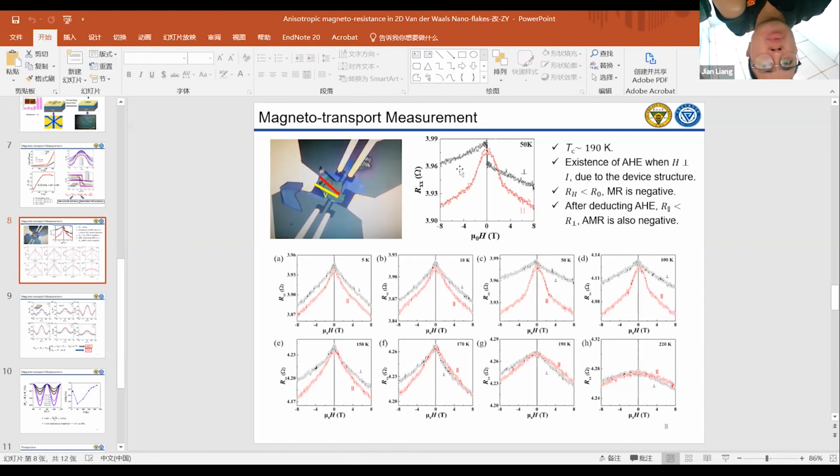So we see this jump comes from the anomalous Hall effect. I see. And then in C they're the same direction, there's no angle. Understood. Thank you. Okay, thank you again, Jian.